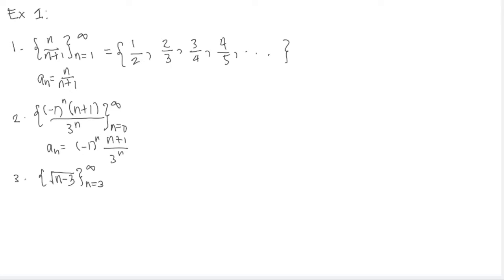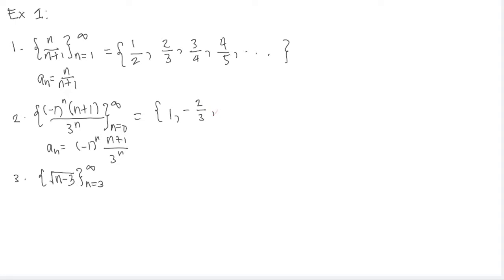We substitute 0: negative 1 to the 0 gives me 1, 0 plus 1 is 1, 3 to the 0 is 1, so that's 1. Negative 1 to the 1 is negative 1. 1 plus 1 is 2. And then we have 3 to the 1. So I have negative 2 over 3.